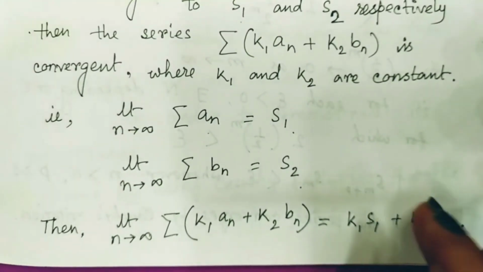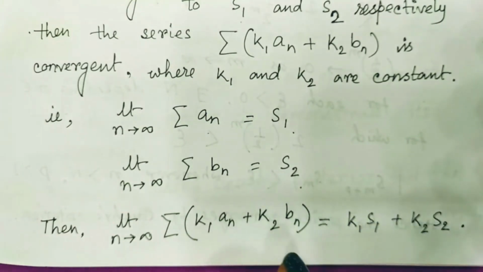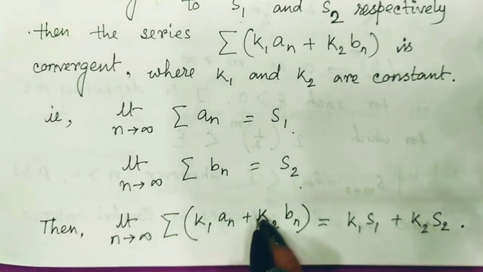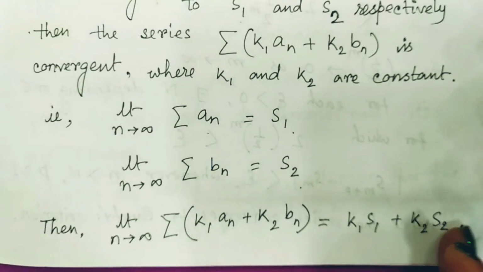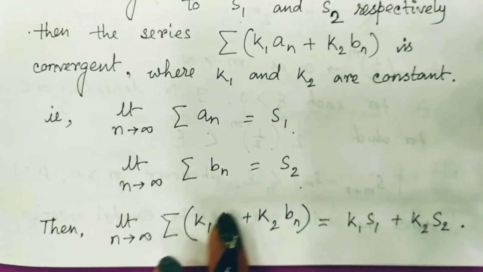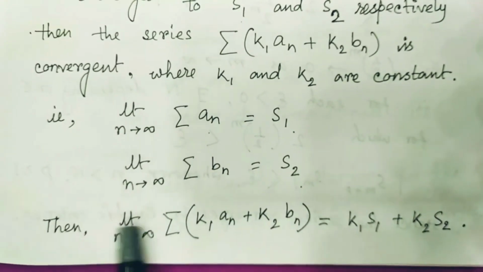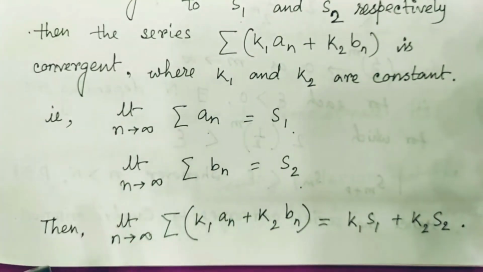So finally, if A and B are two convergent series, then a series constructed from AN and BN in this way is also convergent. And if they are divergent, then definitely these are also divergent series. Not only that, among AN and BN, if any one of them is divergent, then this type of series will finally be divergent.